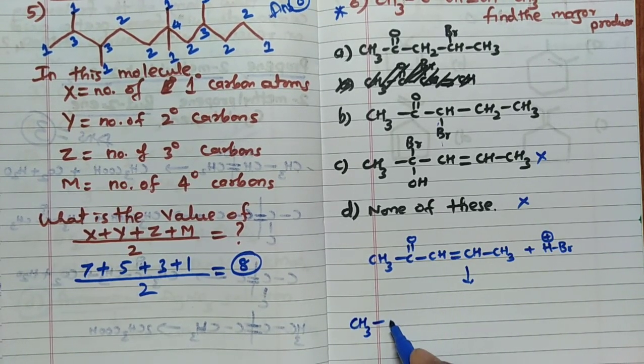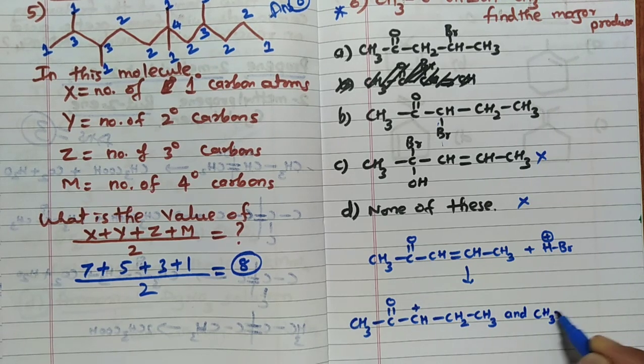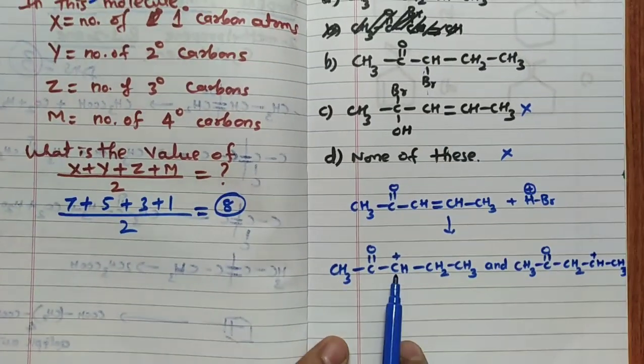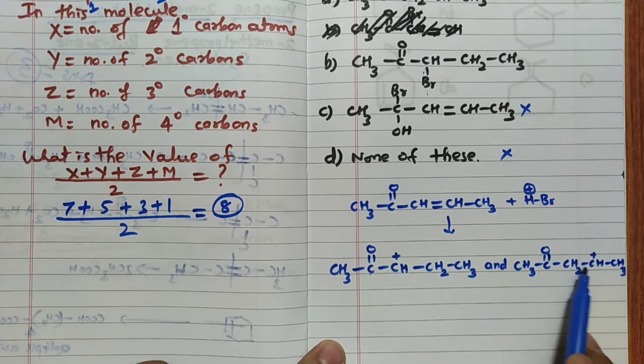So I will write two types: CH3 C double bond O, carbocation on this carbon, CH single bond CH2, CH3, and CH3 C double bond O, then CH2, CH with carbocation here, then CH3. See, carbocation formation on the first carbon adjacent to the C double bond O, and on the second carbon adjacent to the C double bond also I have made.